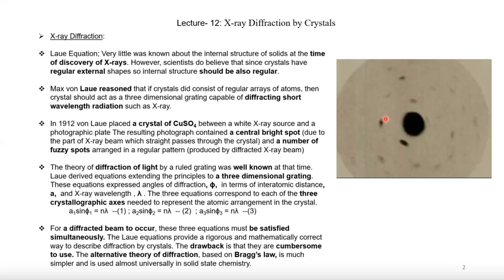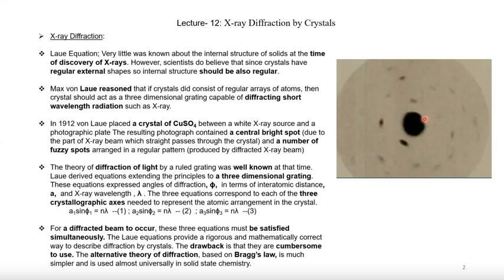Then, at that time, it was well known that light can diffract by a ruled grating. So he thought that a three-dimensional grating theory can be used to explain this photograph.